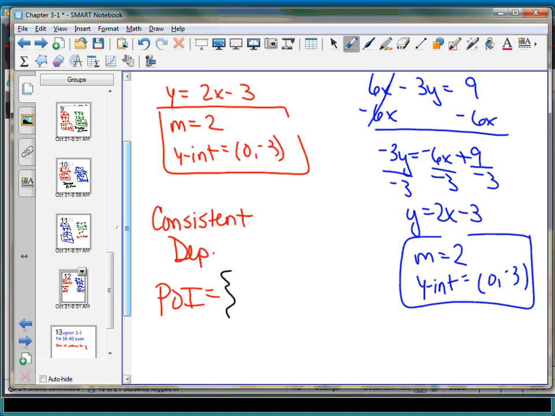Put the braces, put the point, put the colon, and then put the equation. So what equation will it be? Y is equal to 2x minus 3. I know that notation's super funny to you, but you guys will get it if you use it enough.